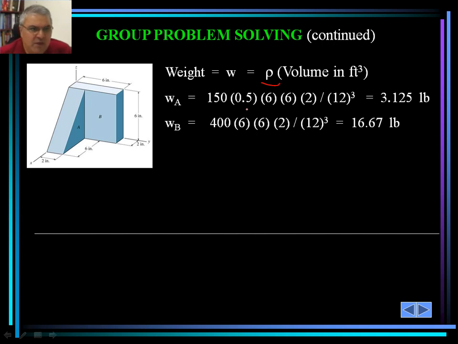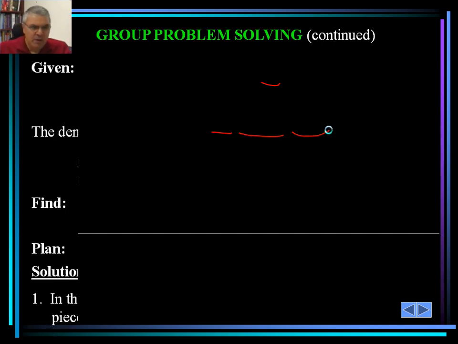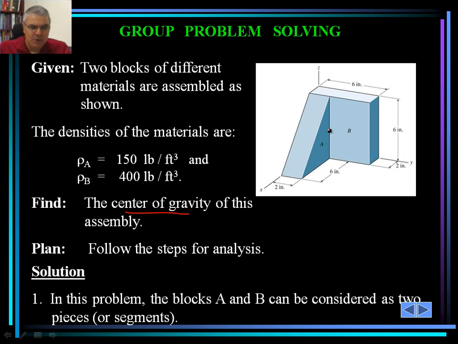So 150 times 0.5, again, we are calculating the dimensions for A. Let's look at B. The volume would be 6 times 6 times 2, and that's for B. And we multiply that by the density, 400, and this is actually the conversion factor to convert from inches to feet, because remember, the unit given for rho, or density, was pound per cubic feet.